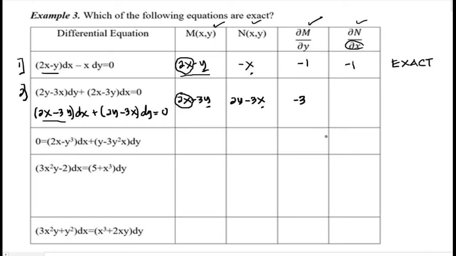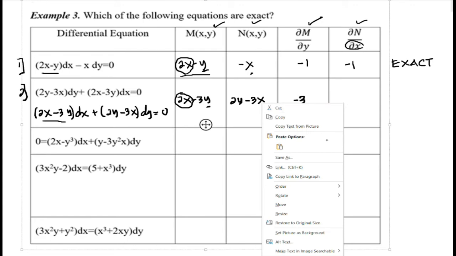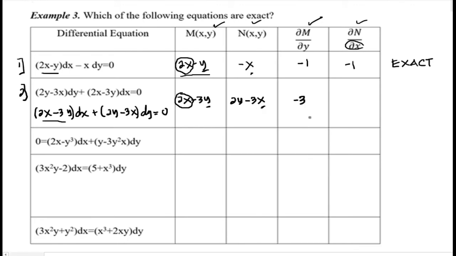So x here is our variable. And 2y here, the derivative for this is 0 because y is assumed as constant. And the derivative for negative 3x is negative 3. Again, the partial derivative of M and the partial derivative of N are equal. Therefore, this equation is exact.